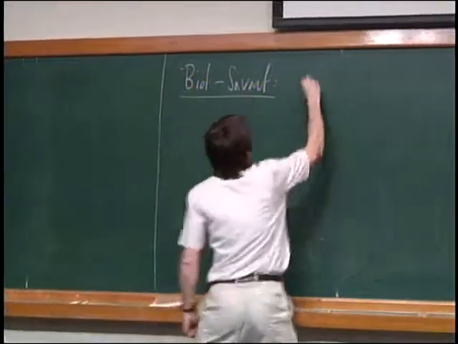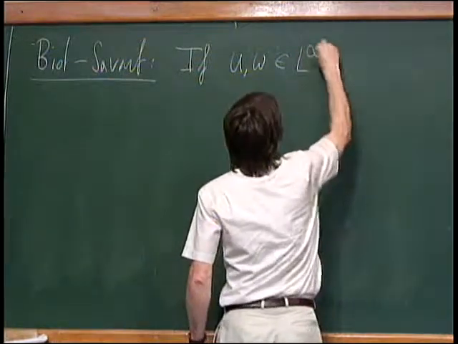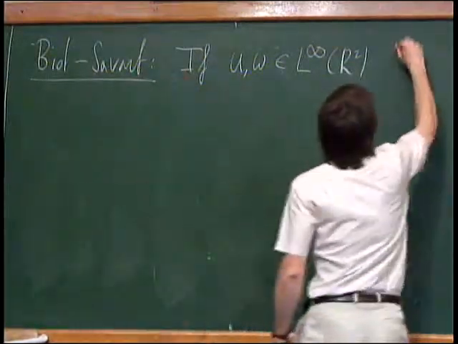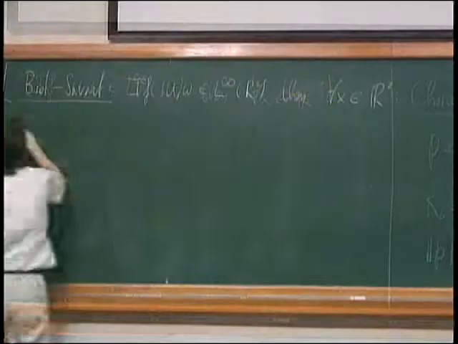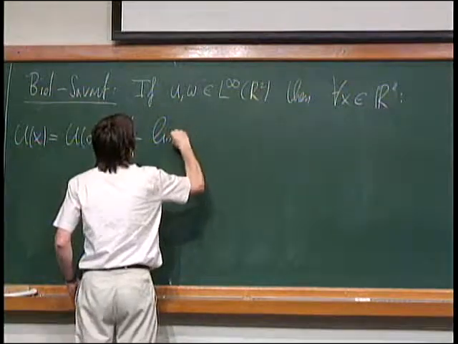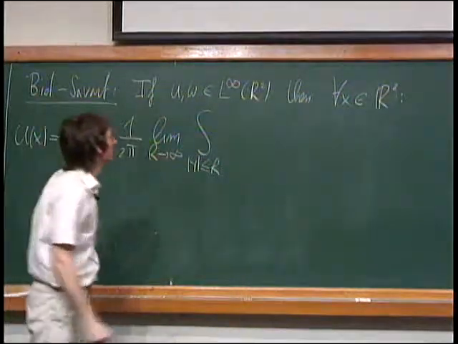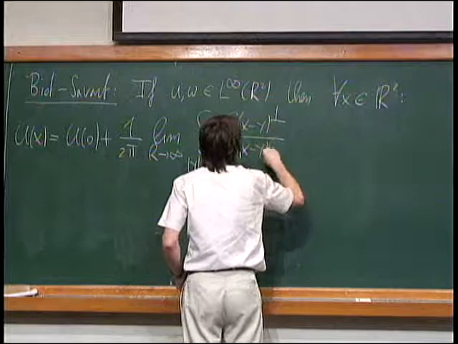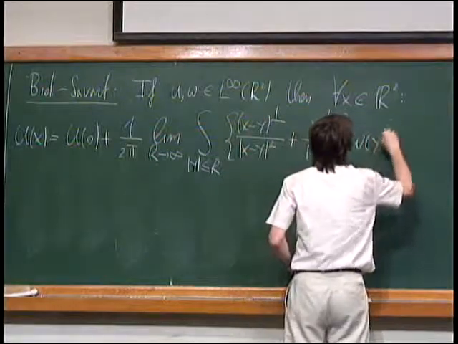So you can make a little lemma as an exercise: if u and omega are in L infinity of R2, of course, u should be divergence-free and omega should be the curl of u, then for all x in R2, you have the following representation formula. u of x is equal to u of 0 plus 1 over 2 pi times the limit as r goes to infinity of the integral over the ball of radius r, over my variable y, of (x minus y) perp over modulus of x minus y squared, plus y perp over modulus of y squared, times omega of y dy.